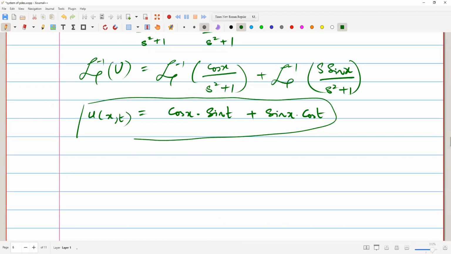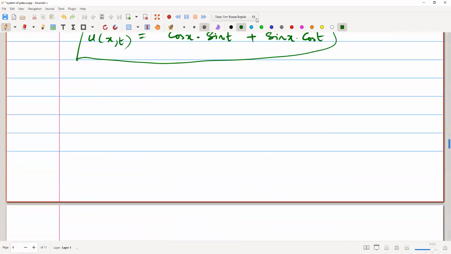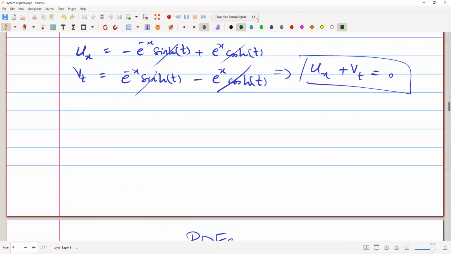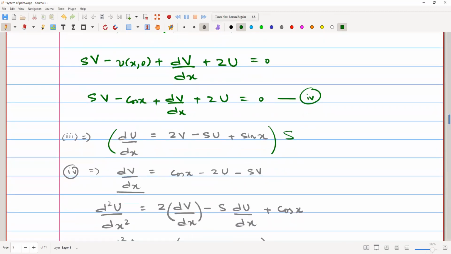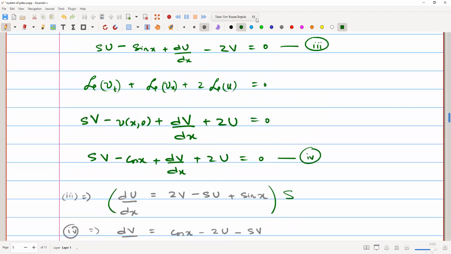All right, now similarly we can work out v of x comma t by doing the same procedure. By looking at the equation, what we did for u was differentiate equation number 3.